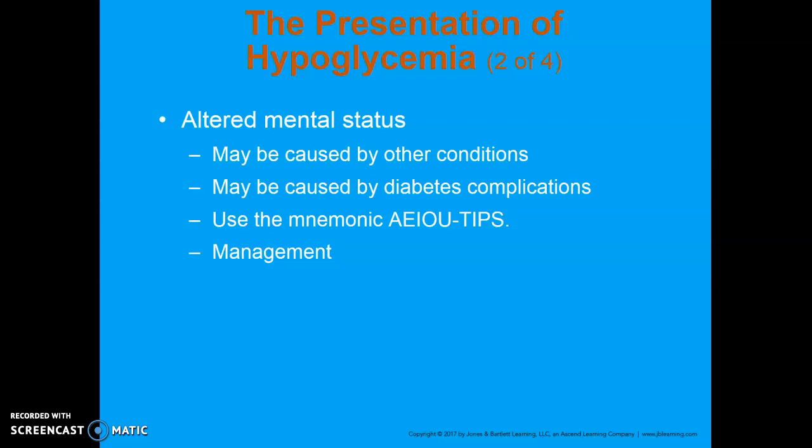The mnemonic that we learned back in patient assessment, AEIOU TIPS, can certainly help you discern what's going on and why the patient could be altered. Management, again: airway is clear, provide artificial ventilations as needed, prepare for suctioning, and provide prompt transport.